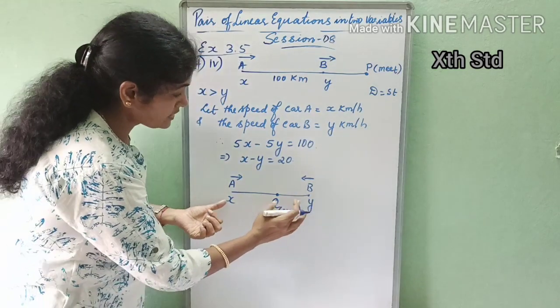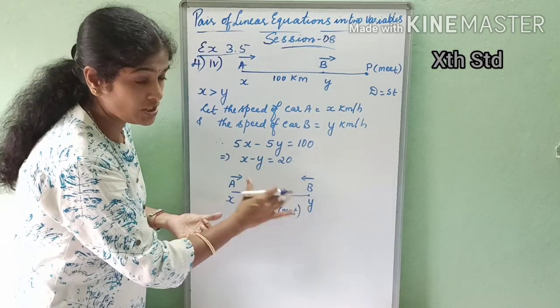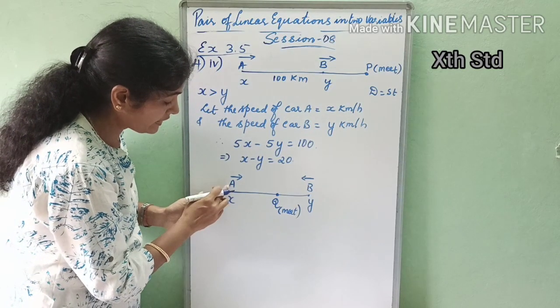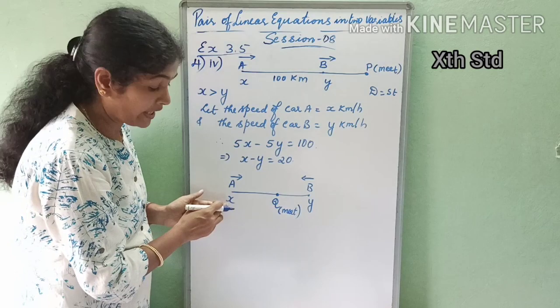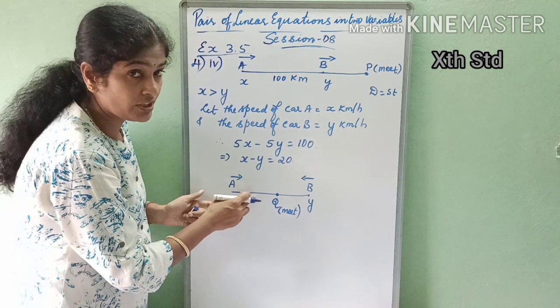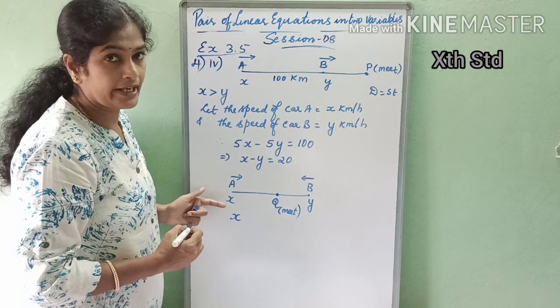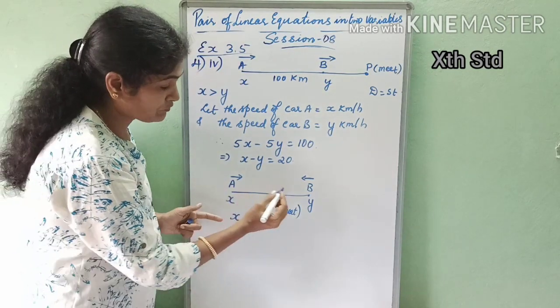The distance between A and B is 100. The distance travelled by car A at a speed of x kilometer per hour in 1 hour is x kilometer.